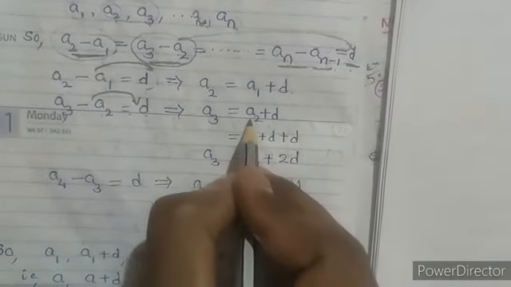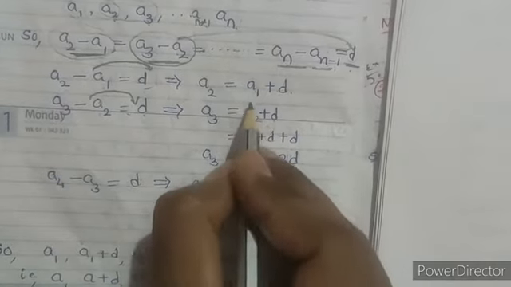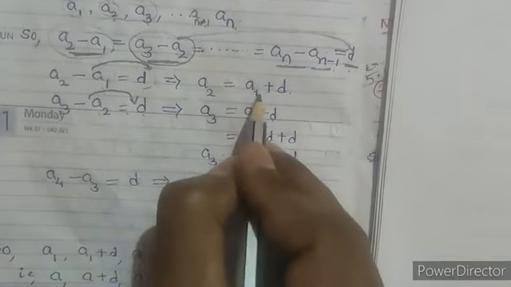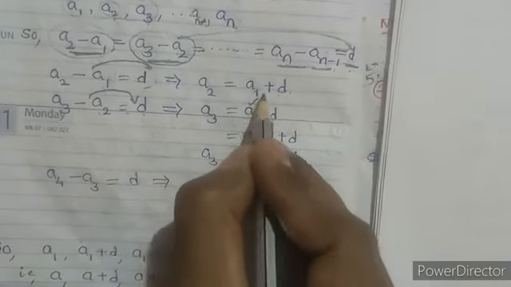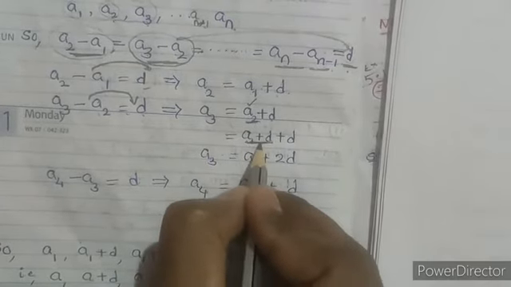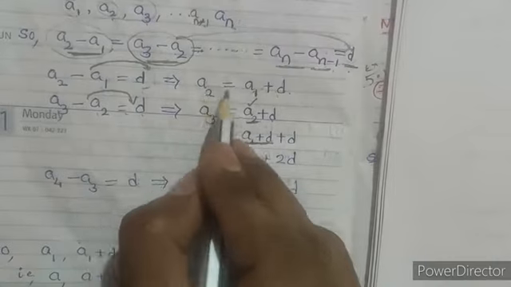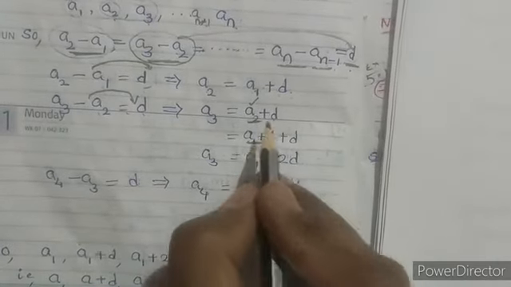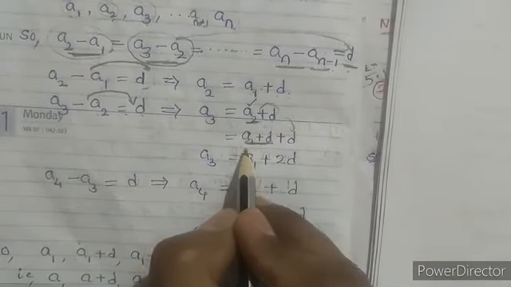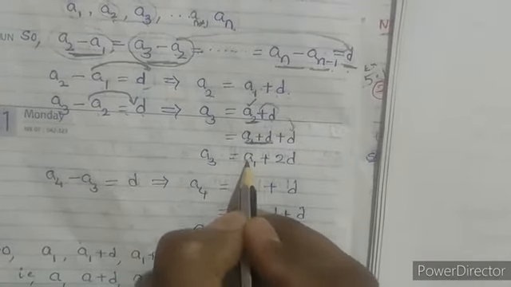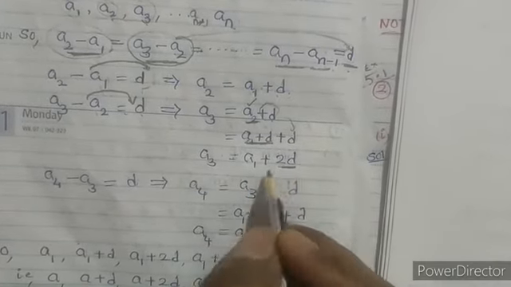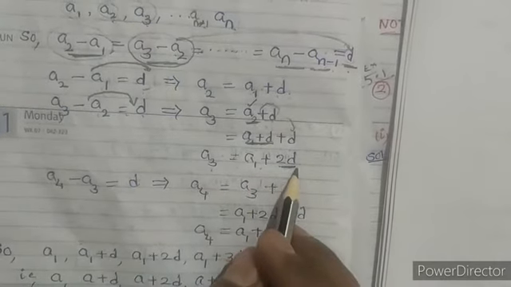So A3 is equal to A2 plus D. From the previous line, A2 is nothing but A1 plus D. So instead of A2, we can write A1 plus D, and this plus D is as it is. So we can write A3 is equal to A1 plus D plus D. So D plus D is 2D. So A3 we can write as A1 plus 2D.